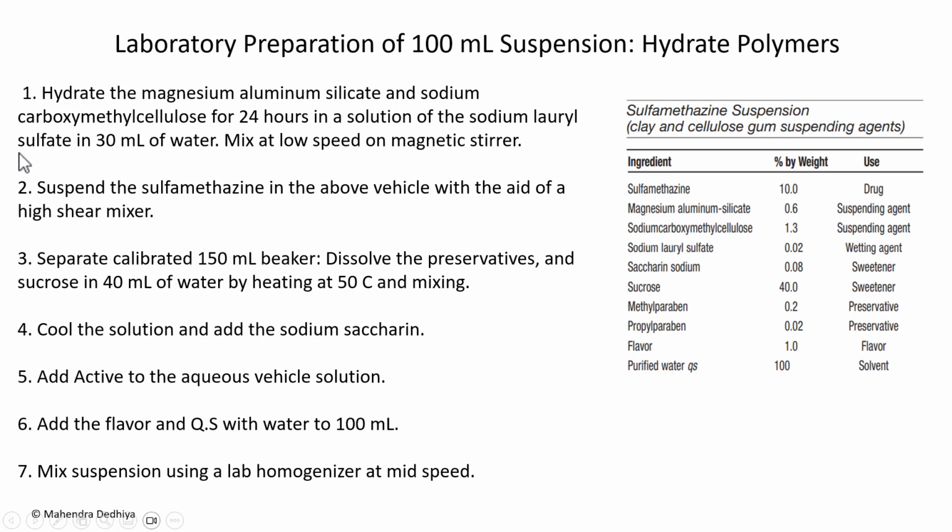The active portion that's in steps 1 and 2 is then added to the vehicle. Flavors are added and the entire product is QS'd with water. Suspension is mixed with a lab homogenizer at a mid speed or intense speed with a propeller mixer. In the laboratory method, weight at each step should be measured.